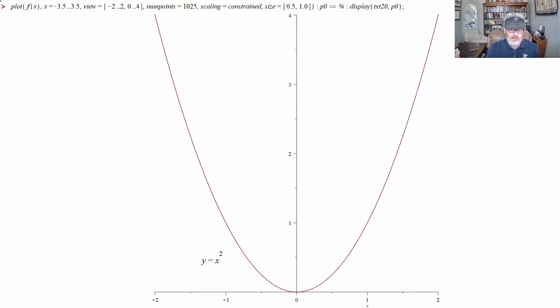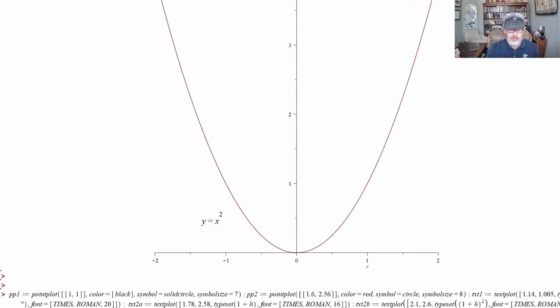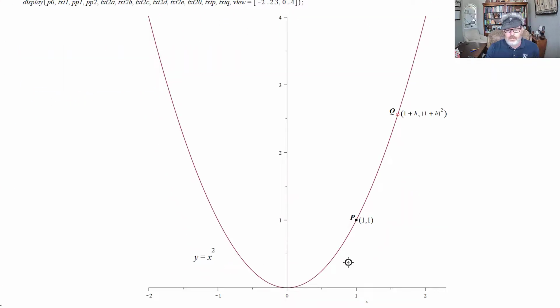And again, equivalently, I can do it with y equals x squared, P, fix that 1, 1, and then Q, instead of being x comma x squared, like it was before, it's now 1 plus h, and then 1 plus h quantity squared. So whatever the x value is, the y value is that squared.